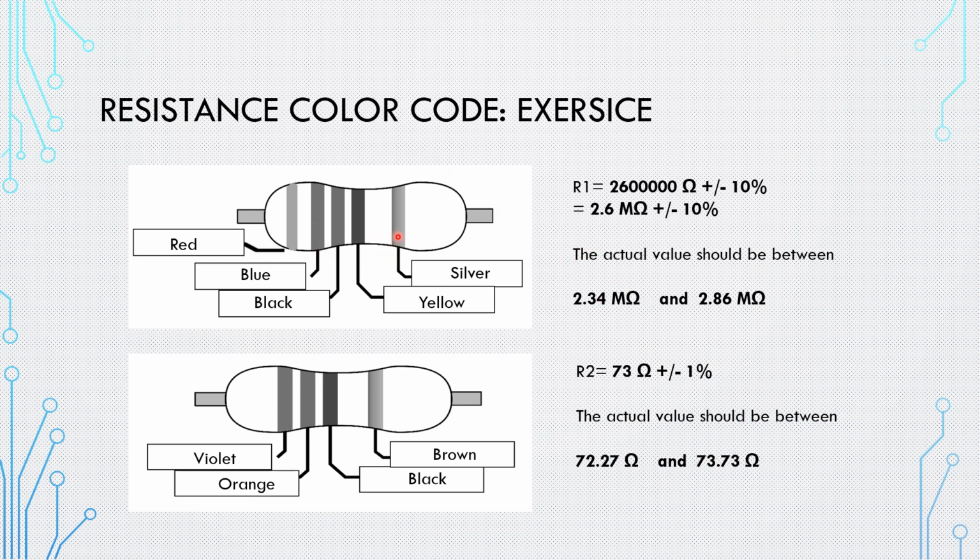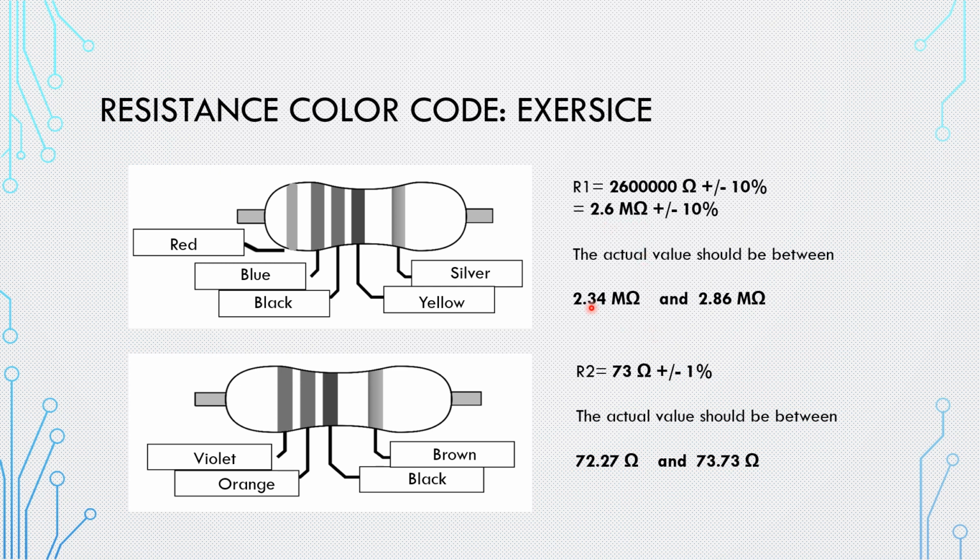If you look back at the table, you're going to see this is the value for the resistor, and the tolerance for silver is 10%. I made some calculations for the tolerance to see the lower limit and upper limit. So the actual value should be between this number and this number. If you try to measure it in the lab, you will not find it equal to 2.6 mega ohm.